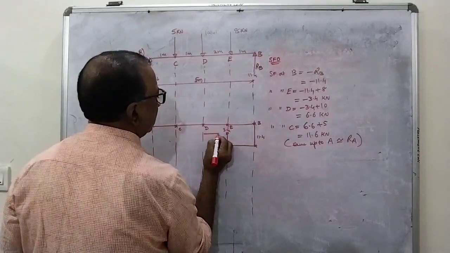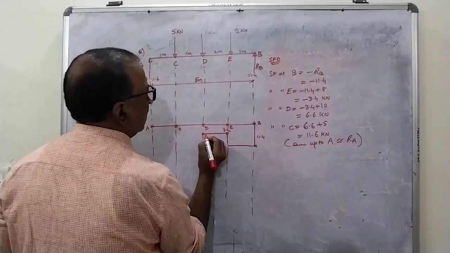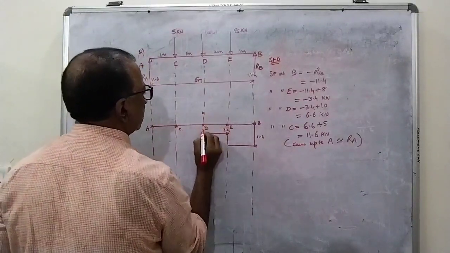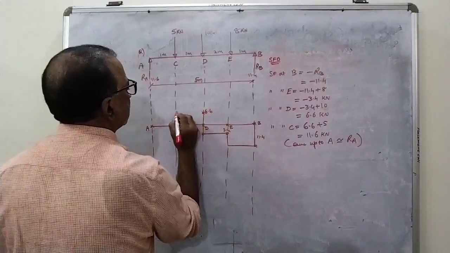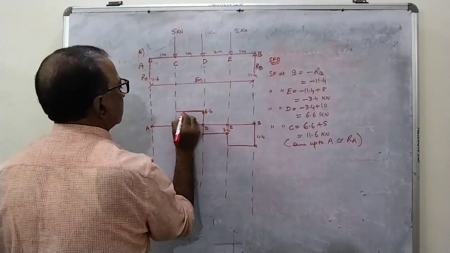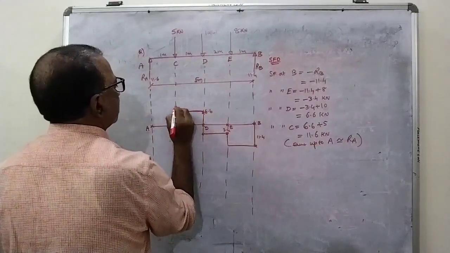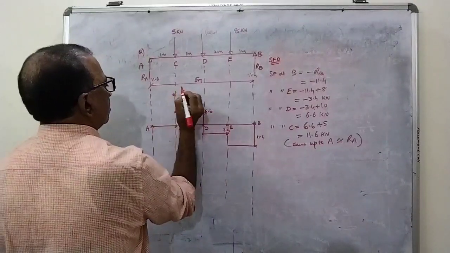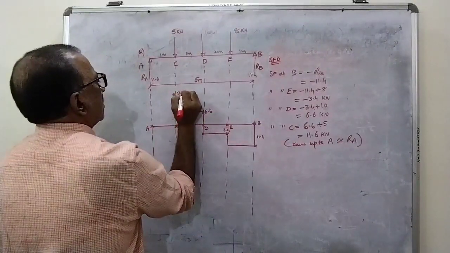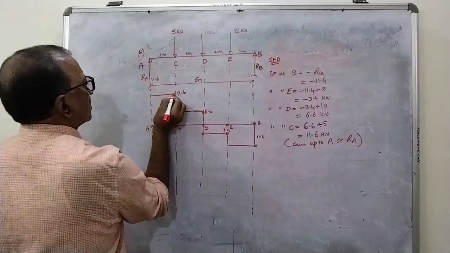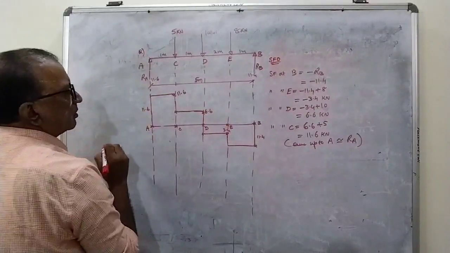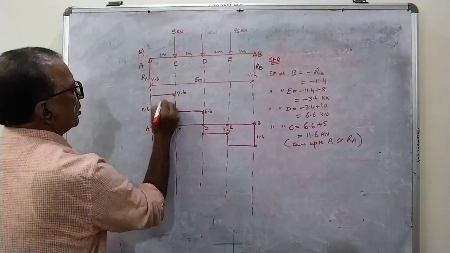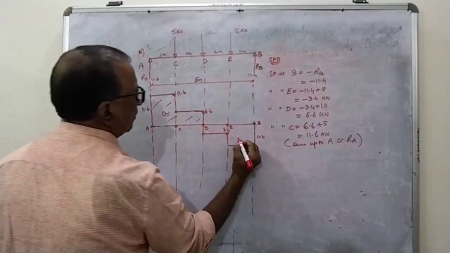It remains constant here up to this. Immediately it has changed to 6.6. It remains constant here. Immediately from 6.6 it has increased to 11.6 and remains constant up to A. So this is your total shear force diagram.